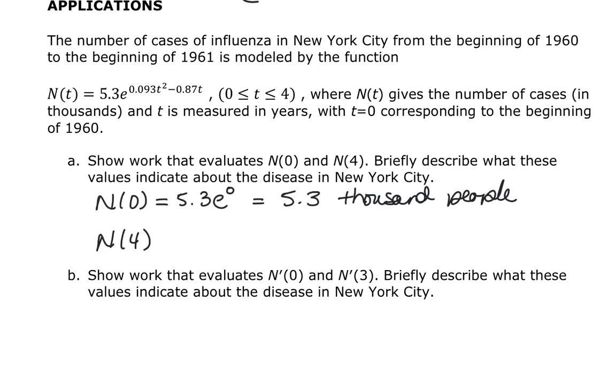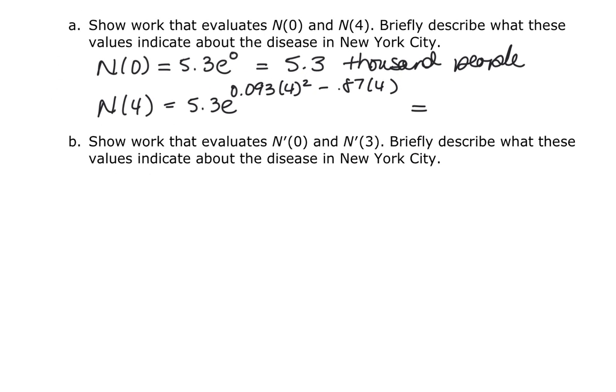N of 4, since the t represents years, would be 5.3 e raised to the 0.093 multiplied by 4 squared minus 0.87 multiplied by 4. Now, whatever this number is, I don't have a calculator with me. This is the number of thousands of people infected 4 years later. So if this represents the people infected in 1960, 4 years later would be the number of people infected in 1964.